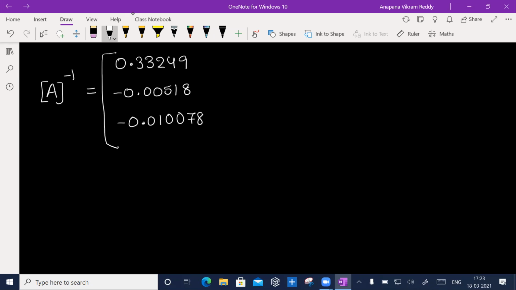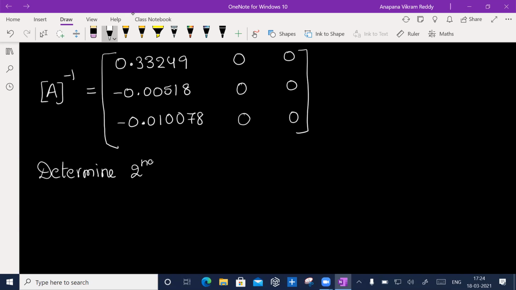The first column I got, and remaining columns I'll take as 0 for now. Now what I'll do after this, now you determine the second column of A inverse. This is your job now.